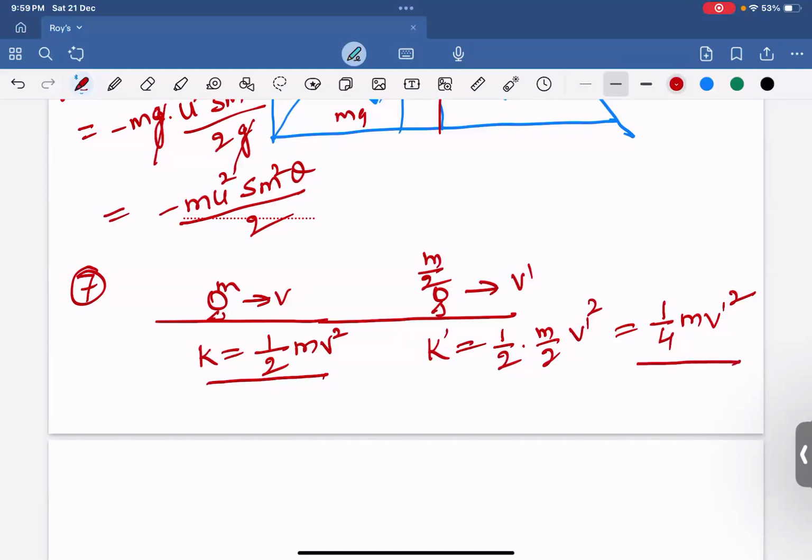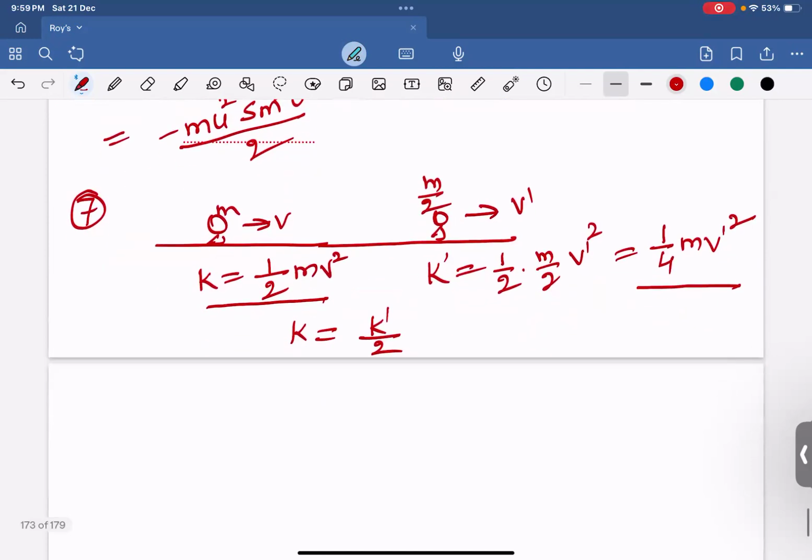So I can say that k is given as k dash by 2. I can also write here, half m v square is equal to 1 by 4 m v dash square divided by 2.